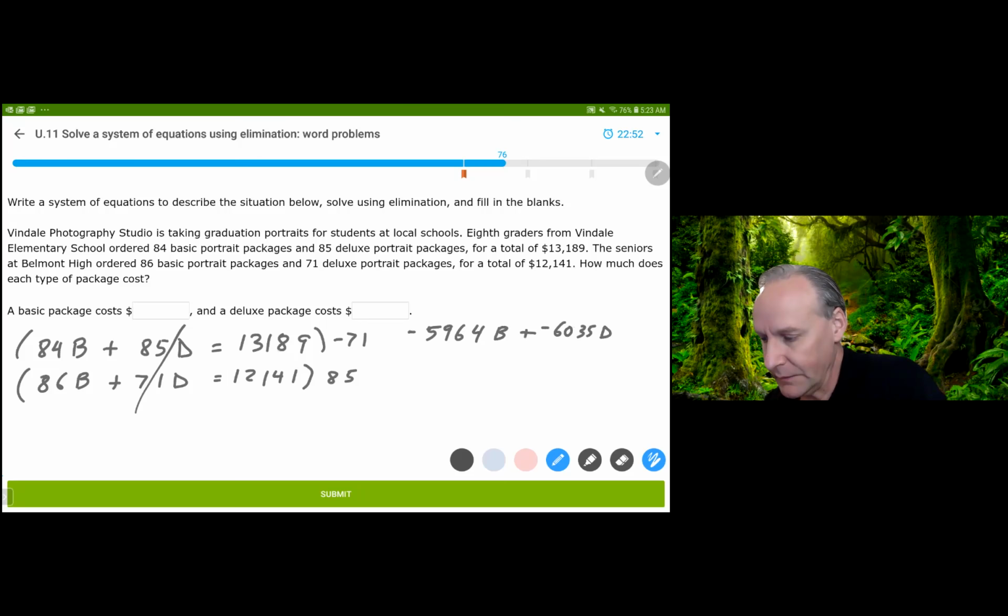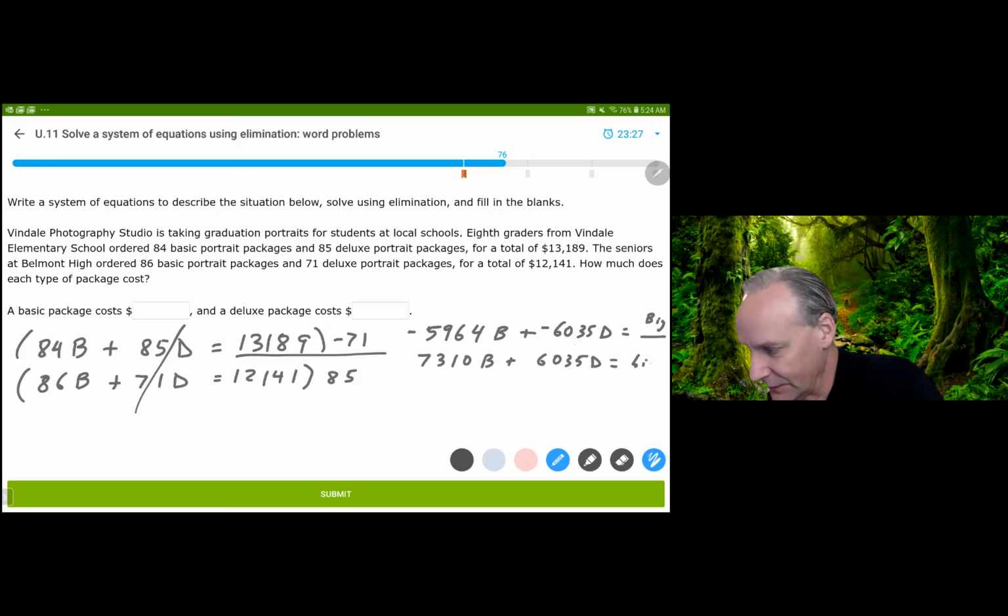And then I'm going to have this really big number here equals big. Then I'm also going to have my 85 times the 86, and that's going to give me 7310B plus, and of course it's going to be the positive this time, 6035D. And again, I'm going to have a big ugly number, but it's going to be a different big number.